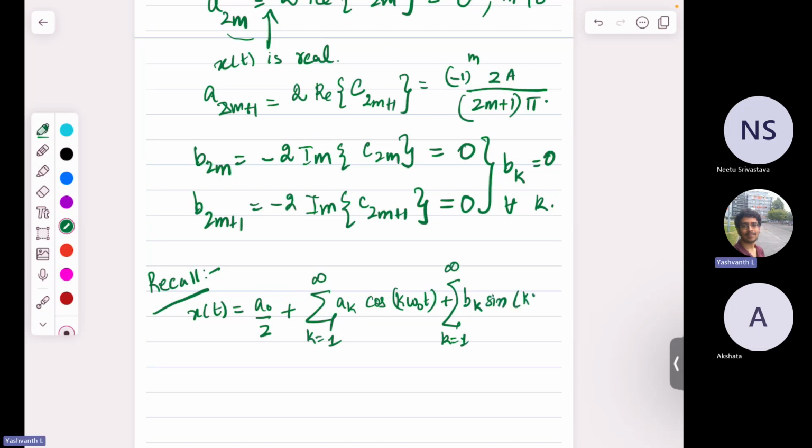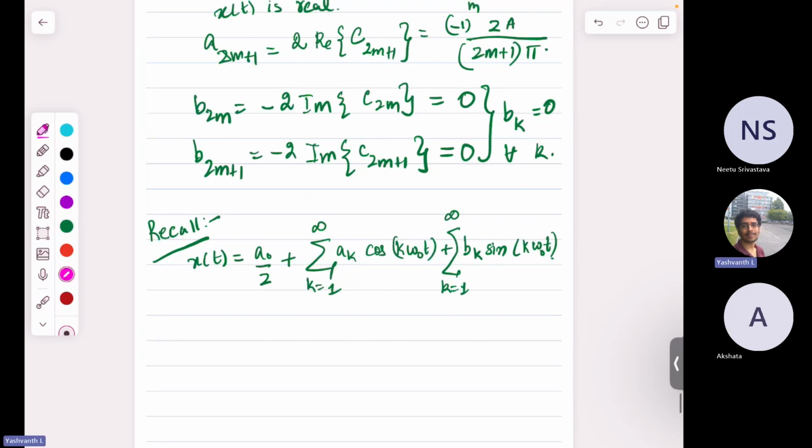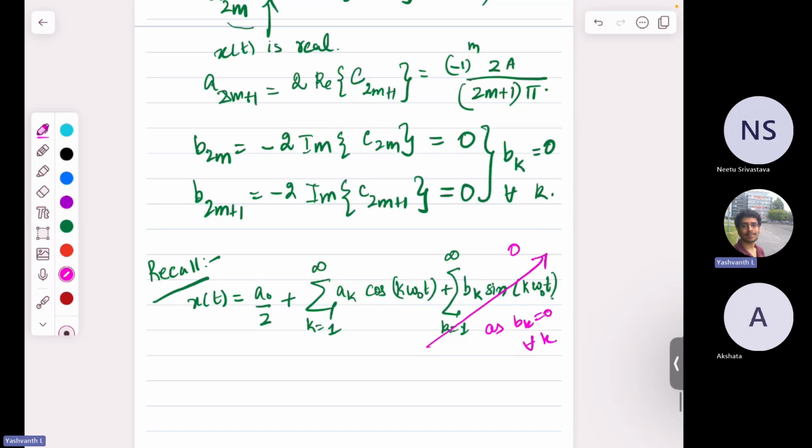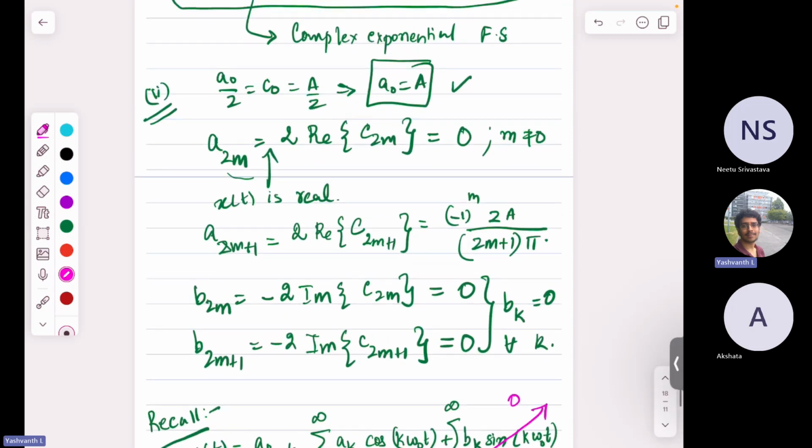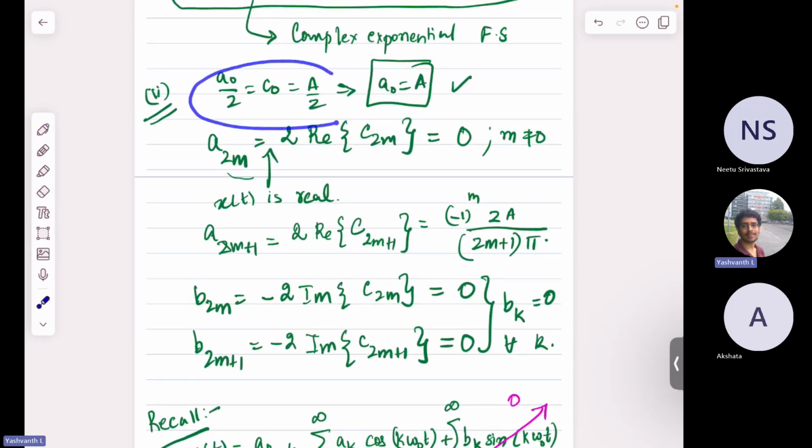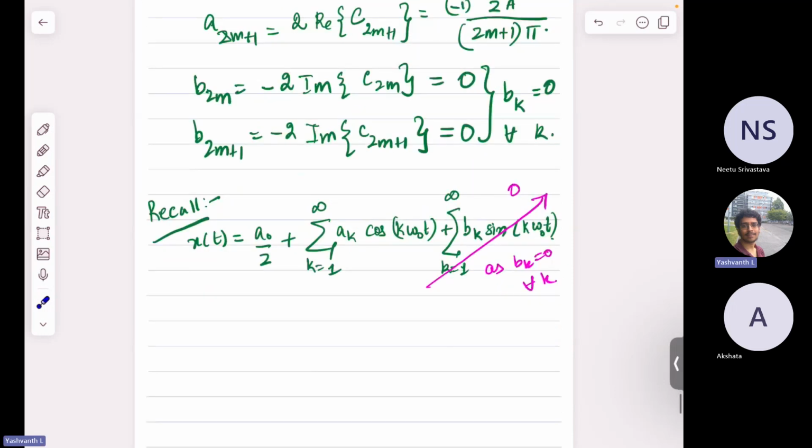Is it correct? But now what I'm saying is for every k, bk is equal to 0. Therefore, the second term has completely vanished. Now, the first term a naught by 2 is equal to c naught, which is A by 2 itself. Therefore, this number will be nothing but A by 2.